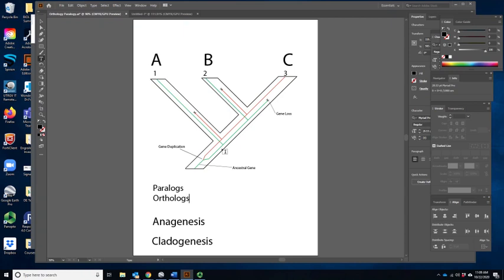All right, so this is where it can get a little bit complicated, and I've purposely done this to show you how this idea of gene duplication and paralogy and orthology can make our gene history potentially different than our species history if we don't understand the complete history of the genes.